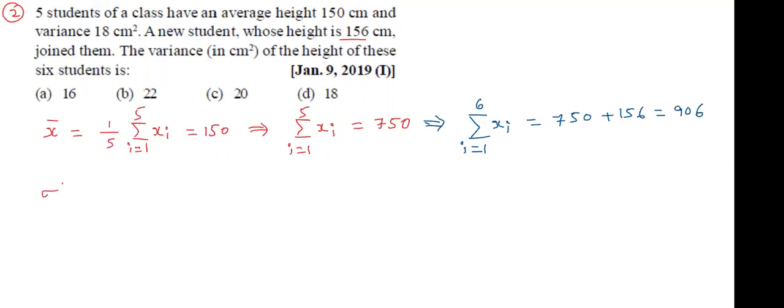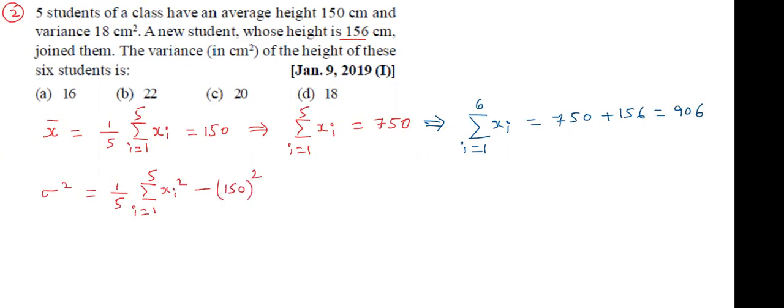Variance sigma square is equal to 1 by 5 sigma xi square, where i is equal to 1 to 5, minus mean whole square.